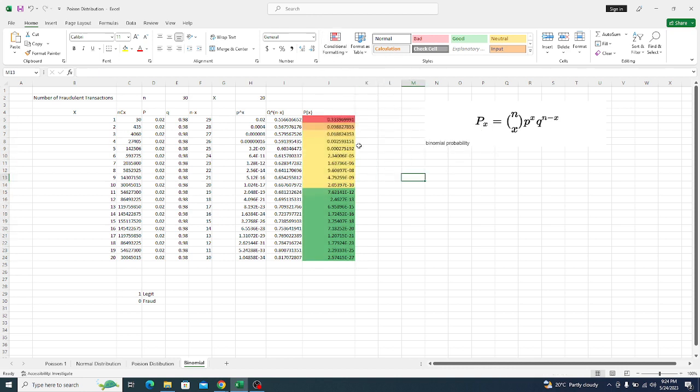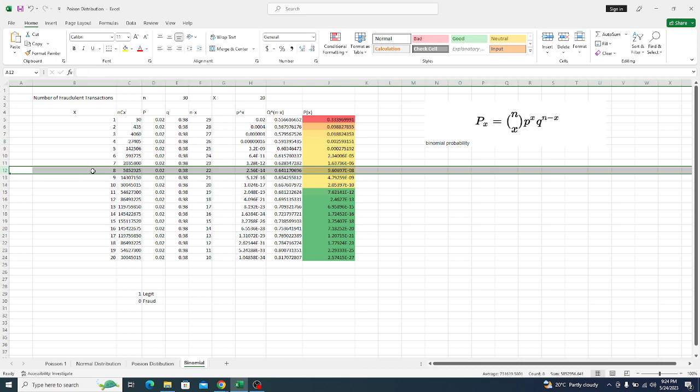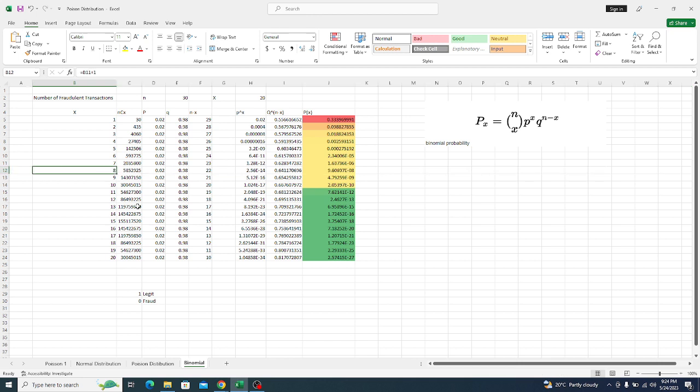Okay, so you can see the red is for the highest probability. So meaning the probability of getting 8 fraudulent activities in maybe 8 transactions is very, very low. Okay, yes, so with that you can see that is the probability.